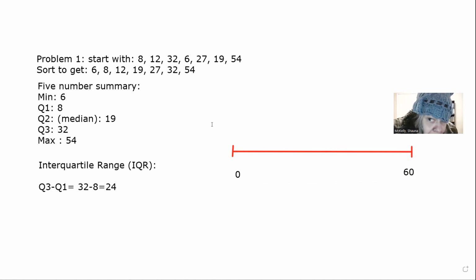Now, don't automatically start drawing your box plot yet, but do put in your tick marks. I'm going to scale this by 10 units, which means I'm going to count by tens. So I'm going to go ahead now and put in some hash marks. Here's my middle, right? Which my box plot may or may not be in the middle of, so just keep that in mind. And I split this in thirds.